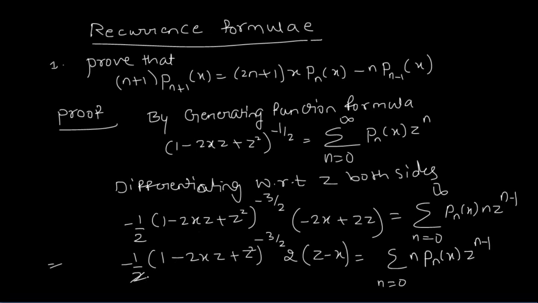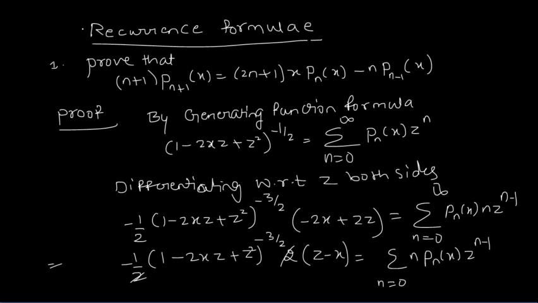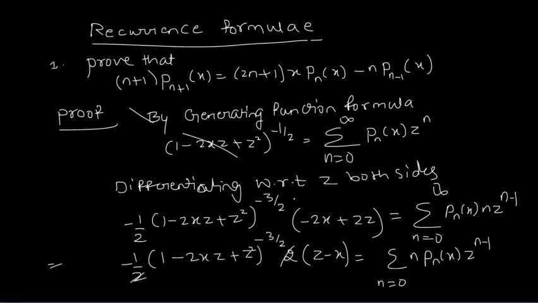Now here the 2 and 2 get cancelled, which gives minus 1 minus 2xz plus z square raised to minus 3 by 2, into z minus x.